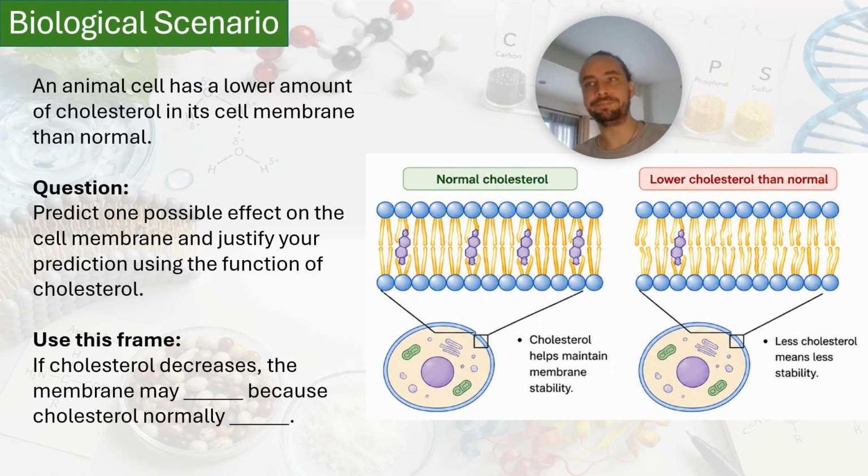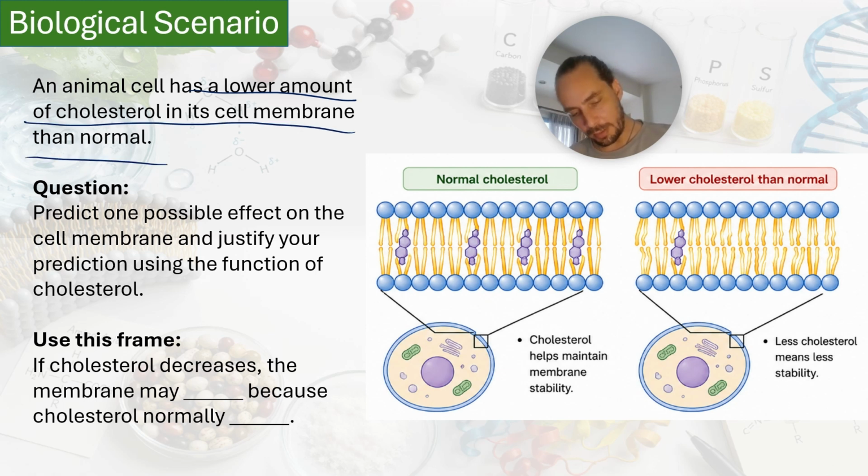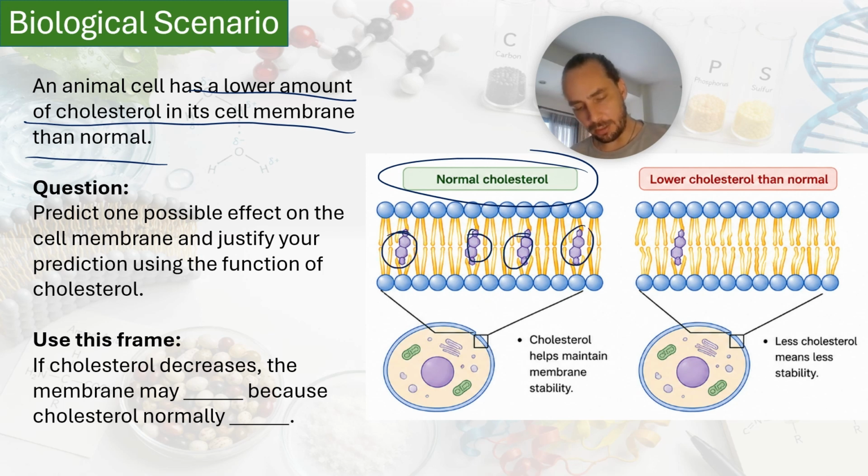For example, an animal cell has a lower amount of cholesterol in its cell membrane than normal. So this is the normal amount of cholesterol within a cell membrane. Now, let's say there was some disease type, and now all of a sudden, this animal cell has lower cholesterol than normal.